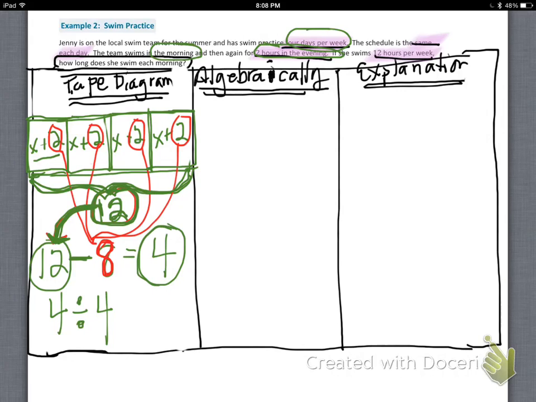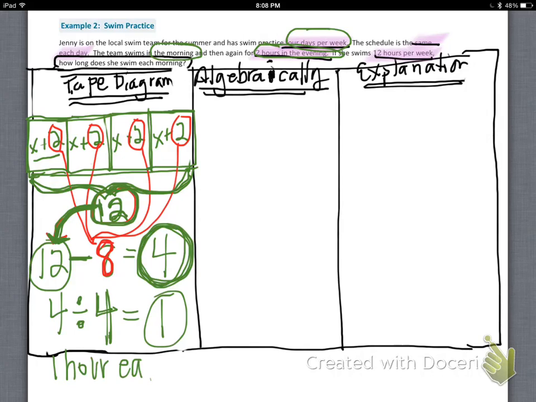If she has 4 hours left to practice in this week, and there are 4 days that she practices, that's going to be 1. So she swims 1 hour each morning. Okay, and that's how it looks.